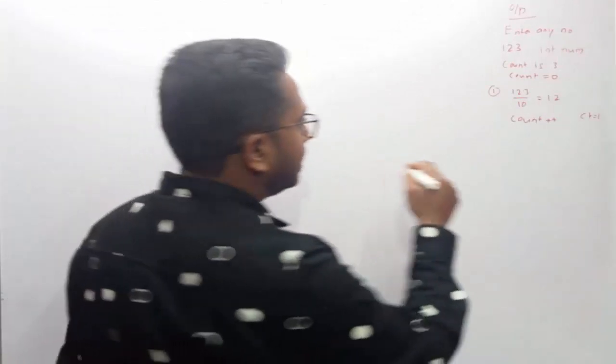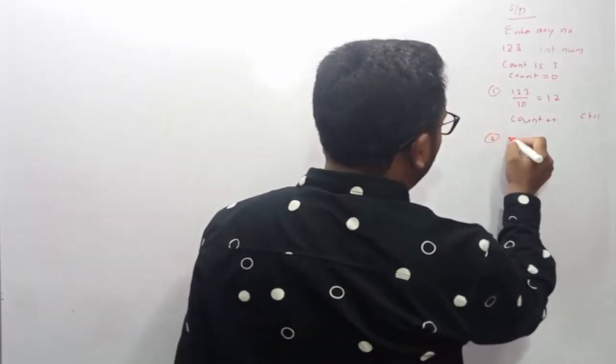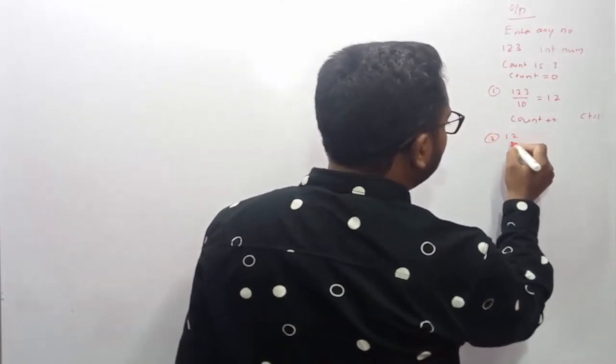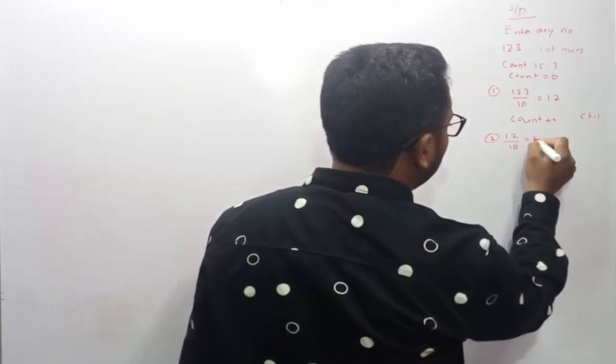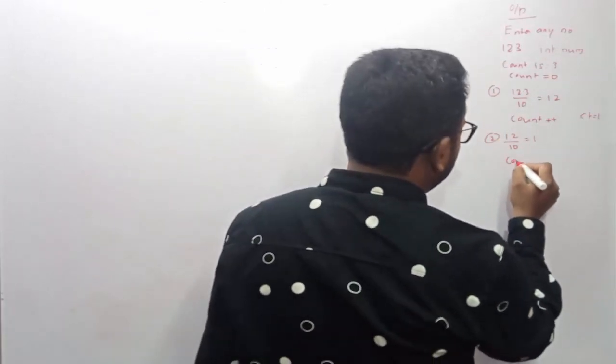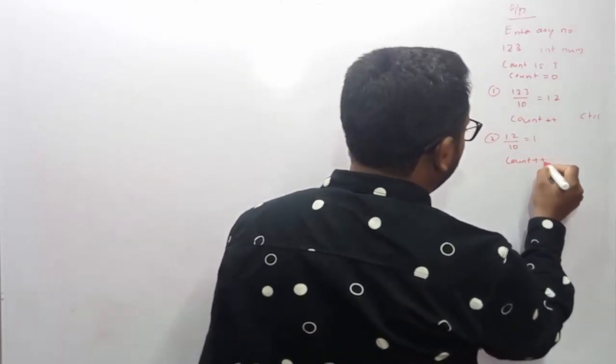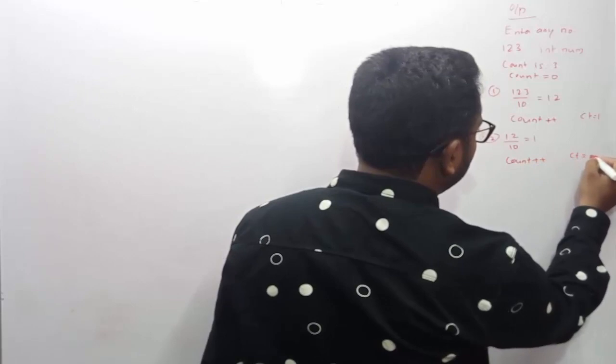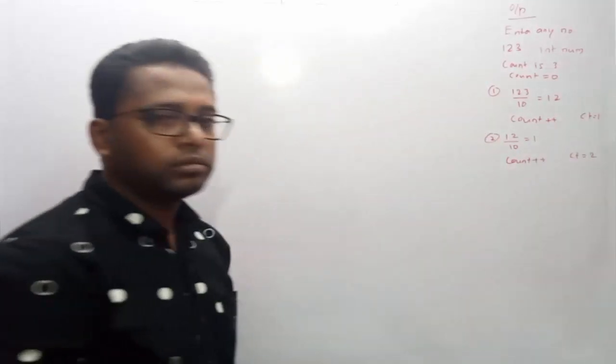Next, in the second iteration, I will divide 12 by 10 and I will get 1, and at the same time I will increment the value of count, and now count will become 2.